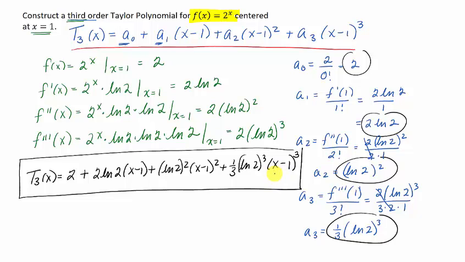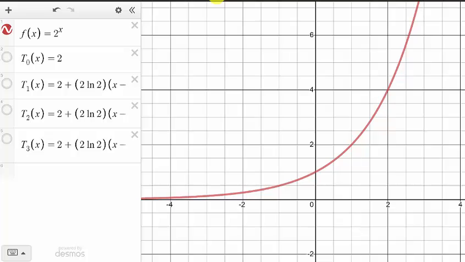All right, and let's go ahead and see how this graphically looks or compares to our original function, so you can kind of see the whole purpose of doing this. As you can see here, I have graphed just our original function on Desmos, and I am going to show you how when you build your Taylor polynomial, as you go up in successive orders or successive degrees, your Taylor polynomial becomes a better match for your original function.